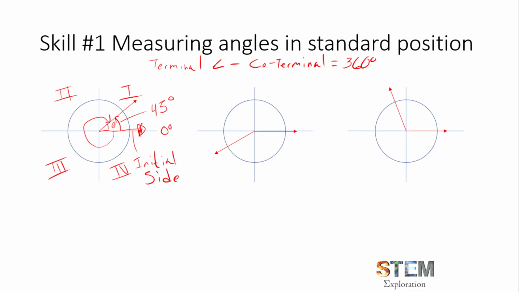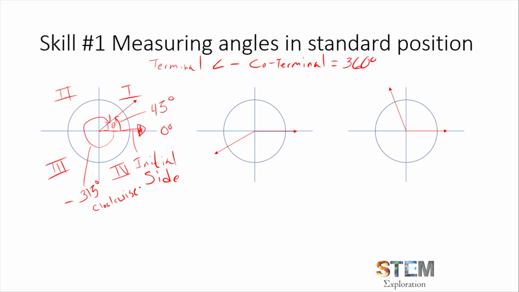So if this is 45, 45 minus, let's say, 315 would give you 360 degrees. So the coterminal angle for this would be 315 degrees, and it'd be negative because we are going clockwise on the unit circle.